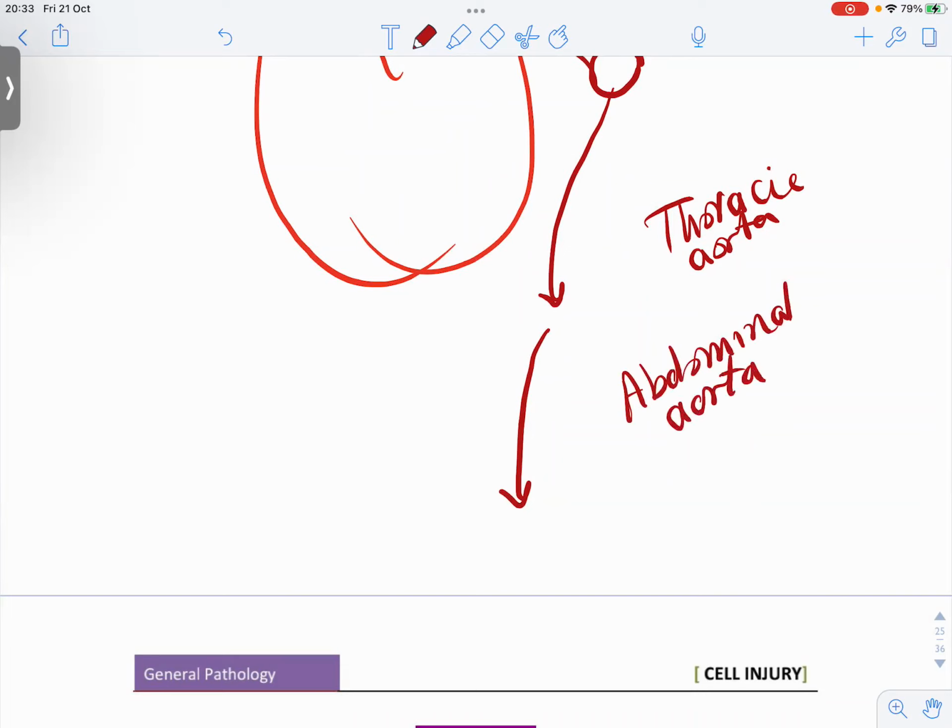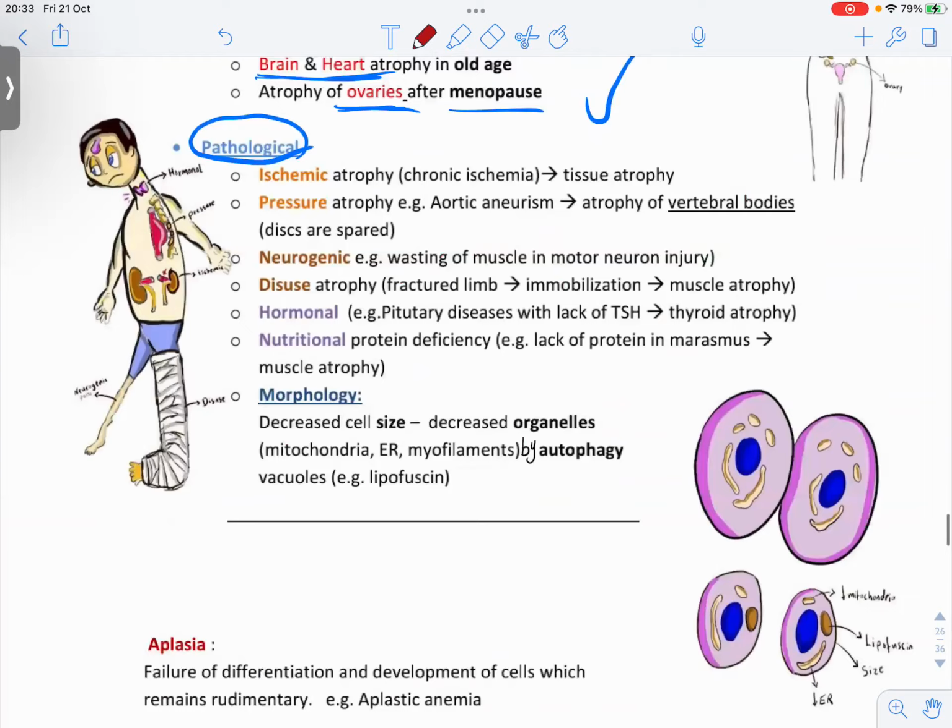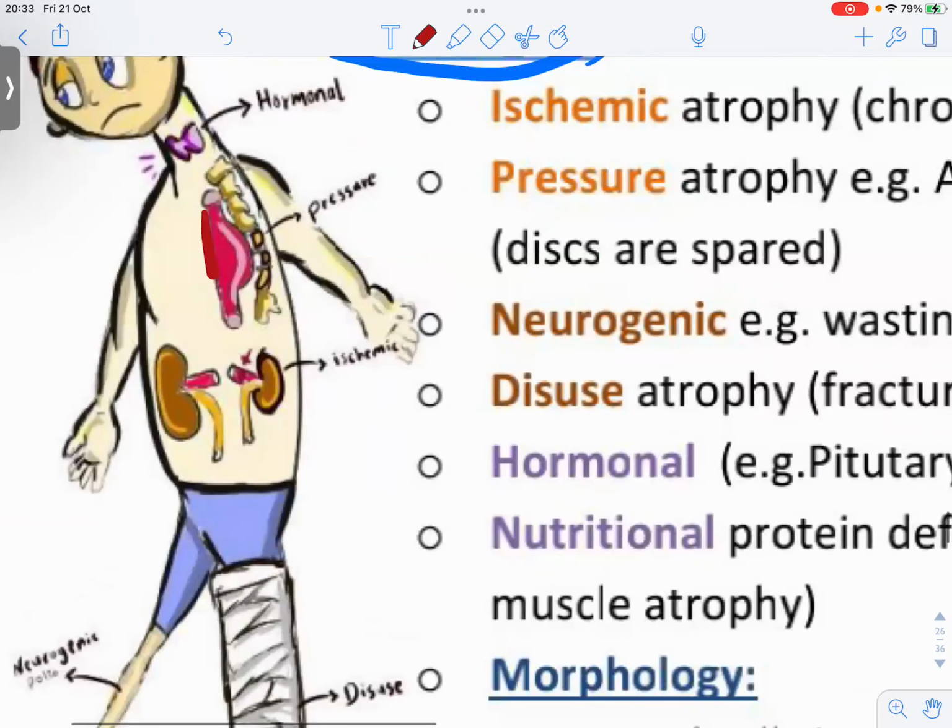The abdominal aorta passes in front of the abdomen and in front of the vertebral column, like here. See, it's the abdominal aorta. It passes in front of the vertebral column.